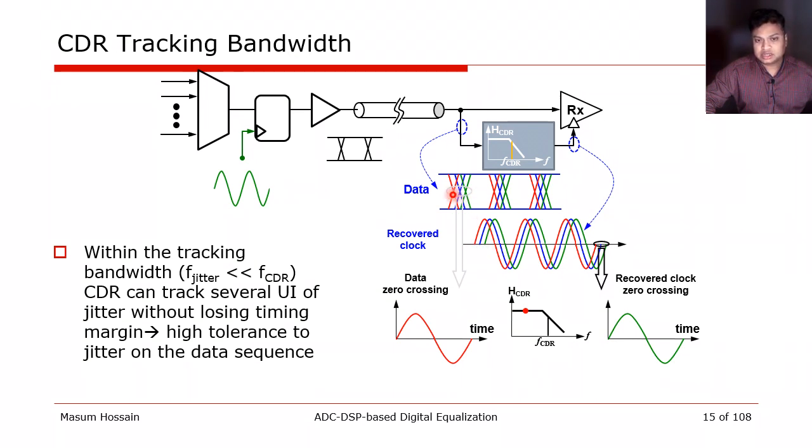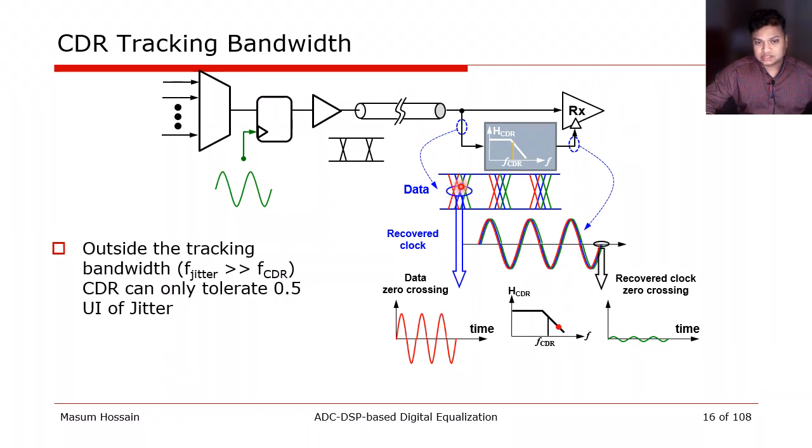The red input eye will be sampled by the red clock and the green input eye will be sampled by the green clock. Because in both cases it maintains the optimal sampling point, there is no loss of relative timing margin. In such a scenario, we can tolerate a significant amount of jitter.